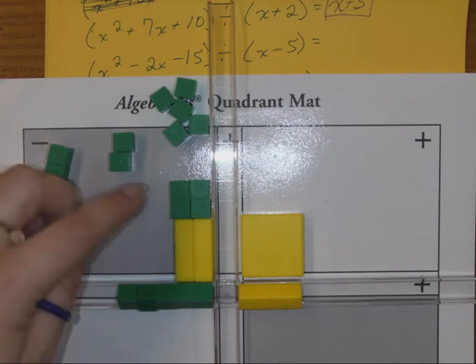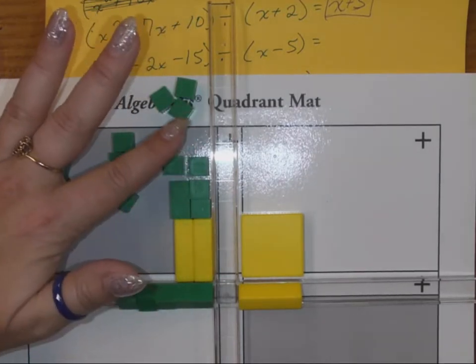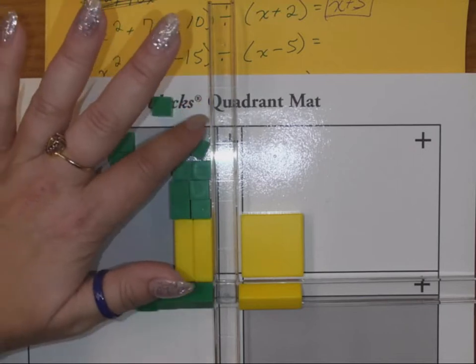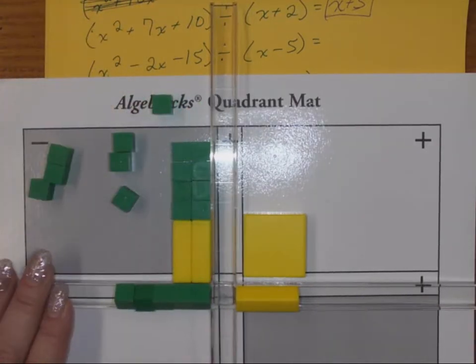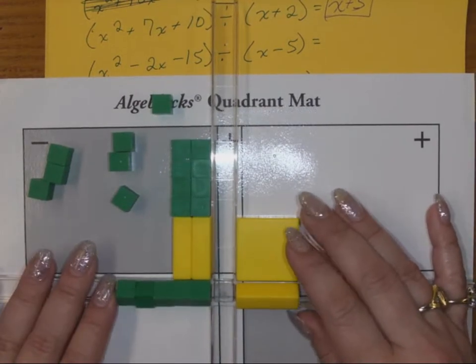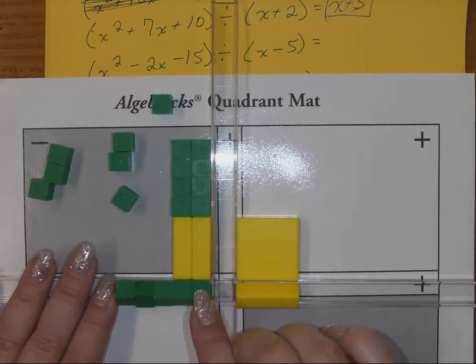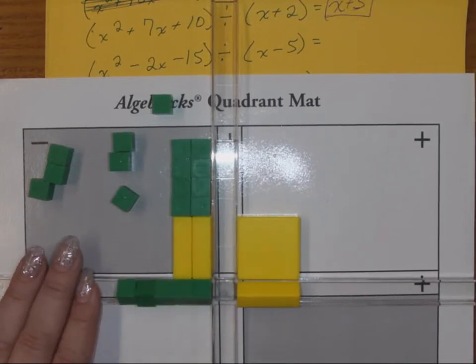I need more x's, and I have a lot of extra. For instance, I've got these lined up here, and I've got a lot of extra unit guys going on. They're not lining up with anything, right? So in my brain, I'm thinking, oh my gosh, I know x minus 5 is a factor, so I know stuff has got to be lining up there. So what could be happening here?